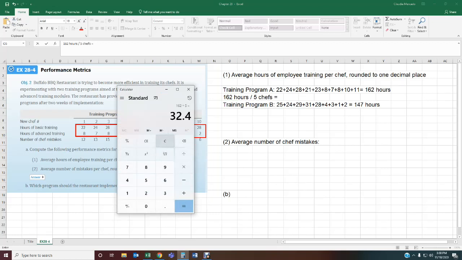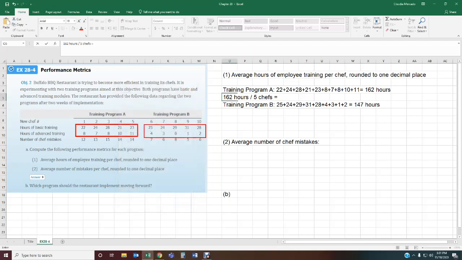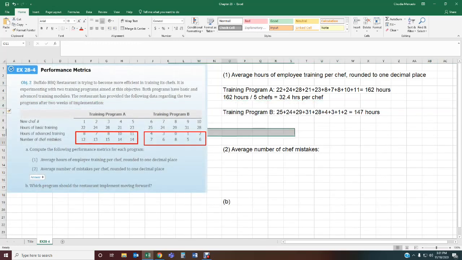That gives me 32.4 hours per chef. So we are investing about 32.4 hours in each of the chefs in training program A.